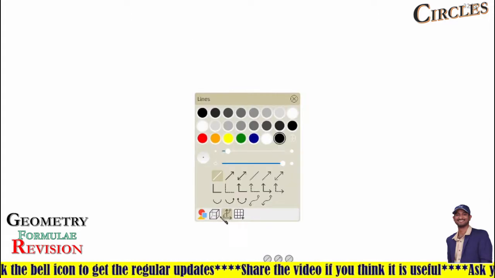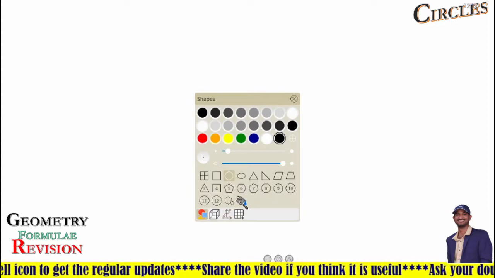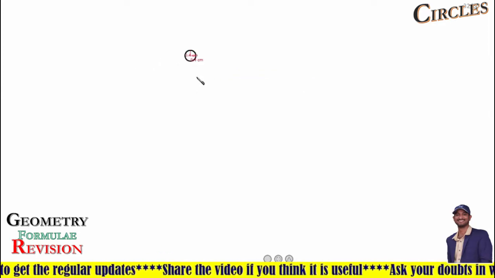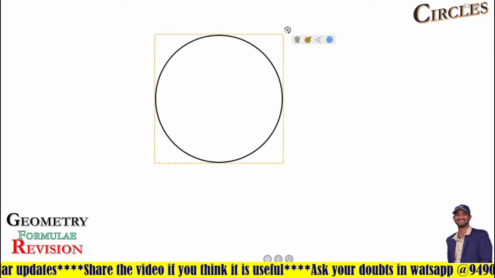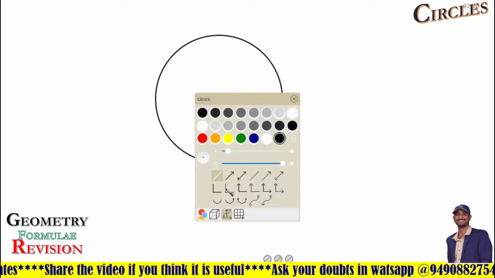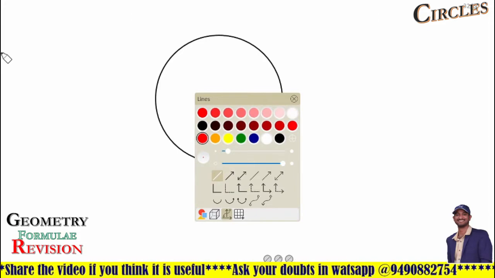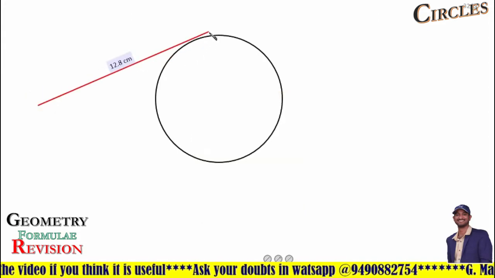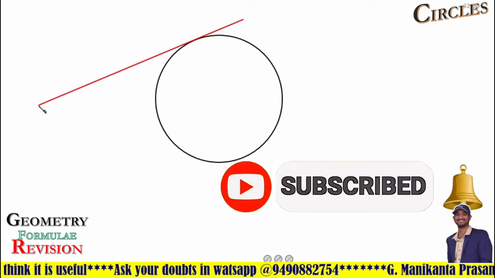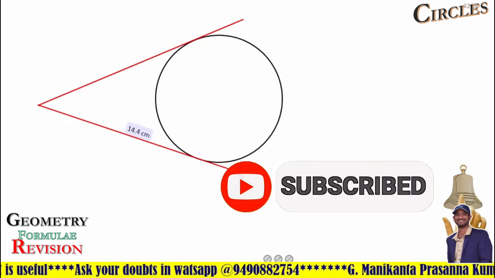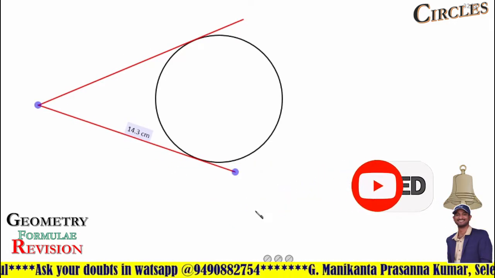I will draw it. There is a circle like this, and these are the tangents drawn from the external point. So definitely they are equal.